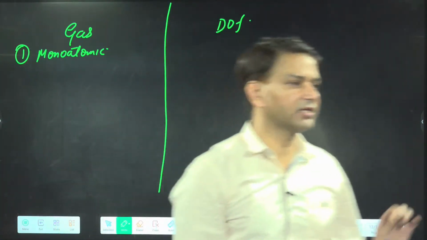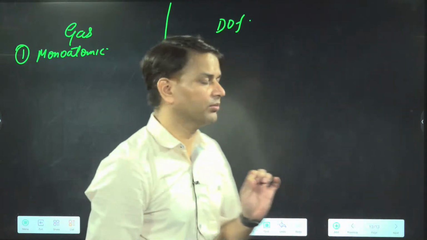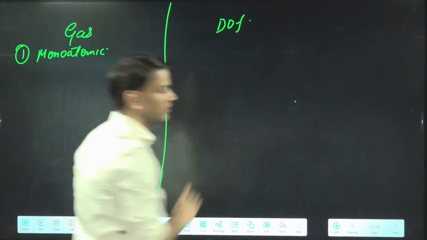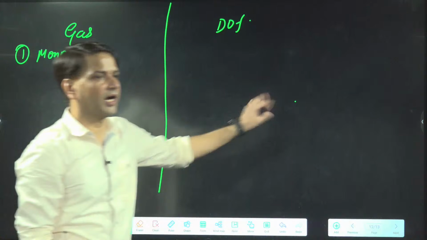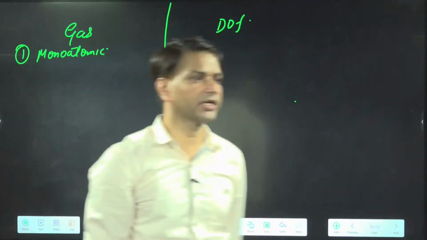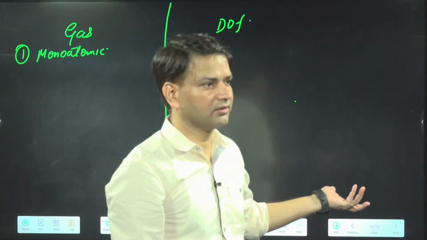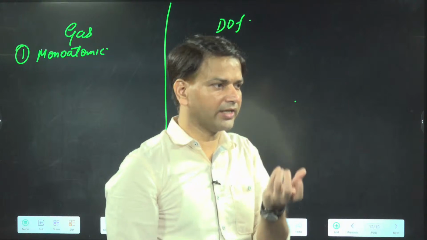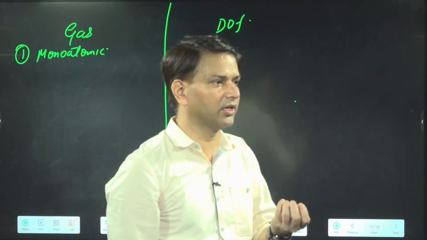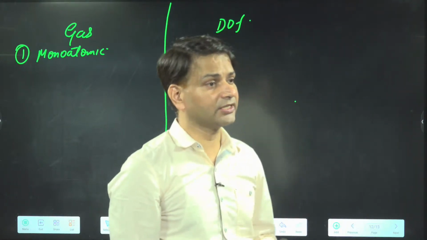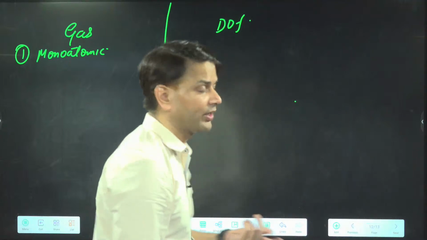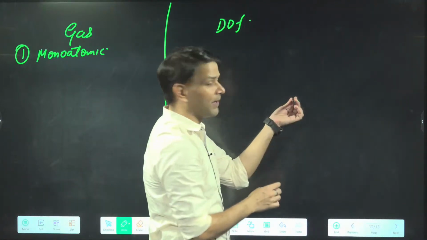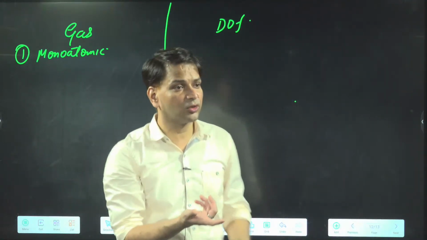Single atom means there is no meaning of rotation. Suppose I say this is one atom, a gas atom. How will it rotate? Because we are taking the atom as a point. There is no meaning of rotation of a point, because you would say an axis passes through it and it rotates, but you cannot see the rotation.